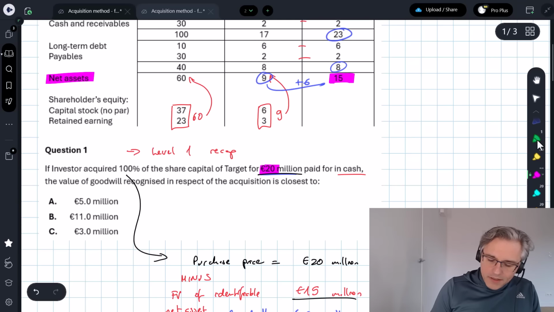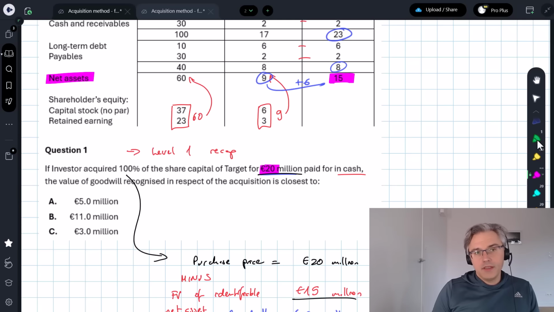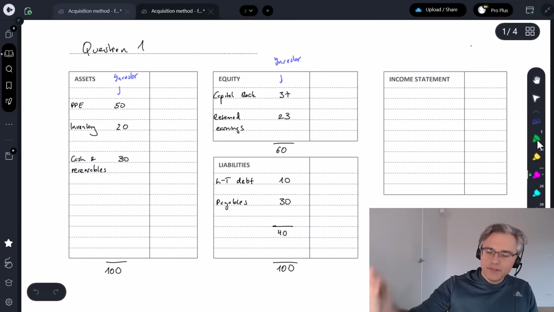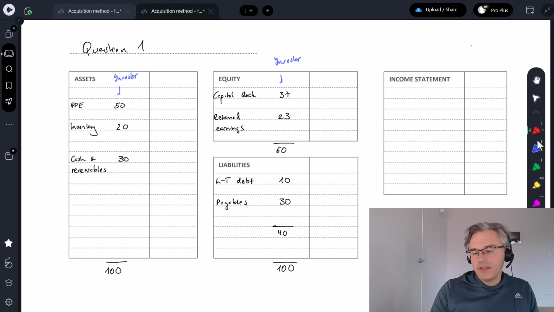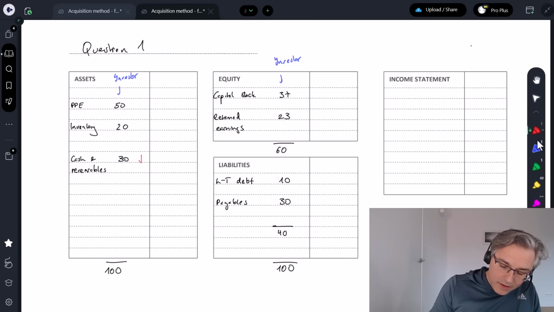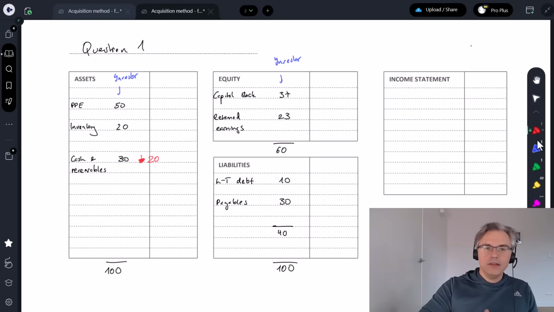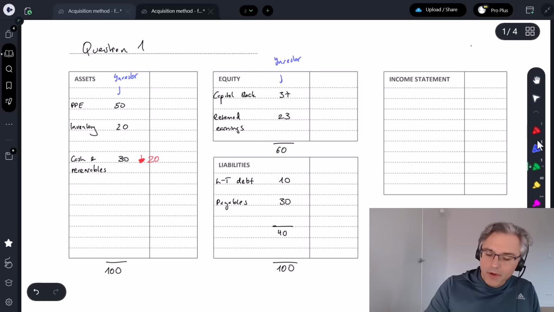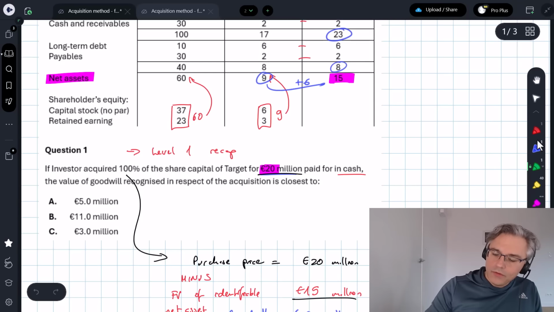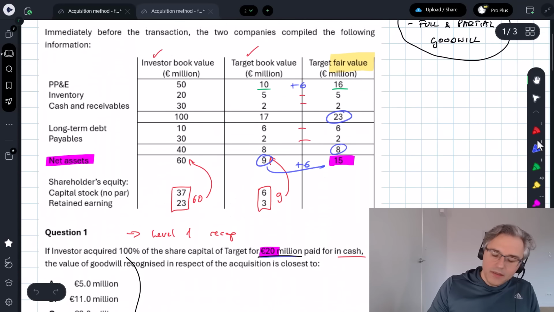A payment of 20 million in cash is being made to acquire the shares of that target, and obviously that 20 million leaves the group. It goes to the current owners or the previous owners of the target company. So 20 flows out of group cash, or the investor's cash, but in its place we get all those assets and liabilities that the subsidiary brings with it.